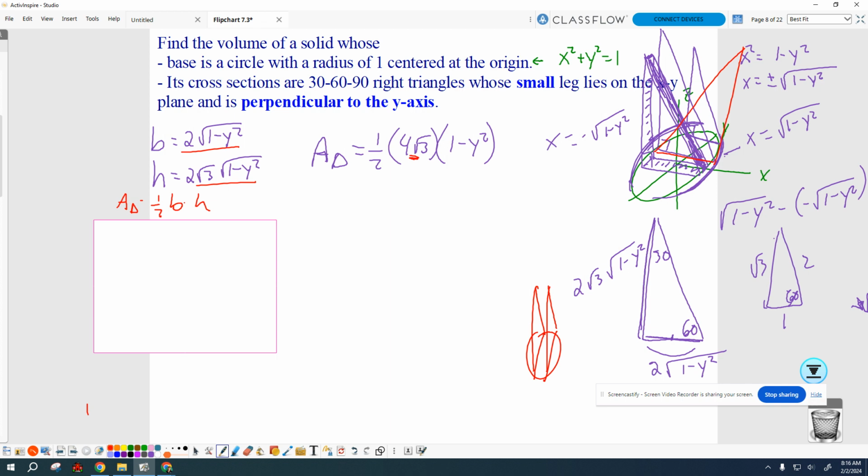So integrate that. What are the bounds? Can you do 0 to 1 and then multiply that again? I would prefer that. So he says integrate from 0 to 1 and double it, or negative 1 to 1, and then you're going to be dealing with subtracting negatives and possibly doing them wrong.